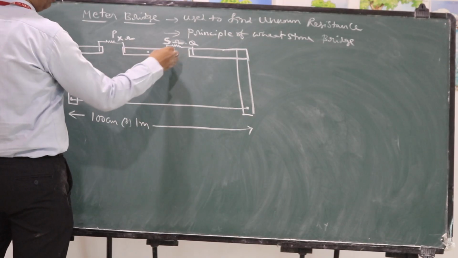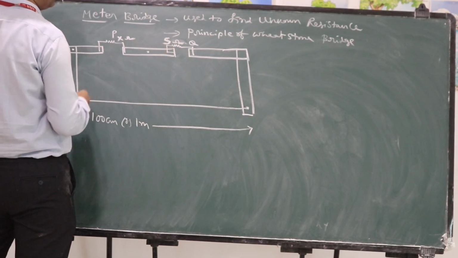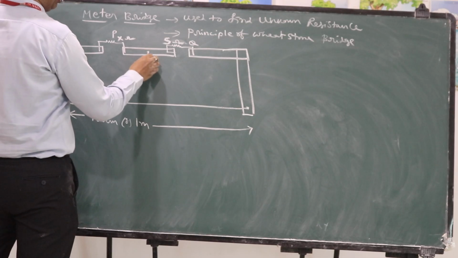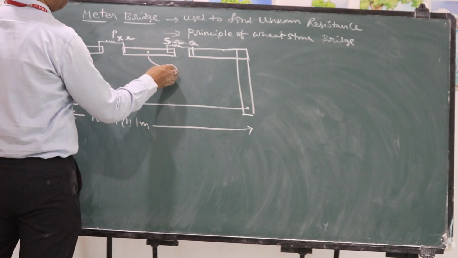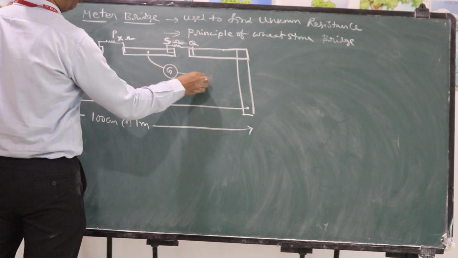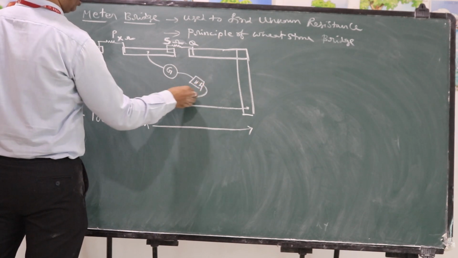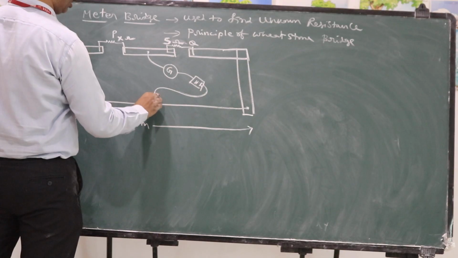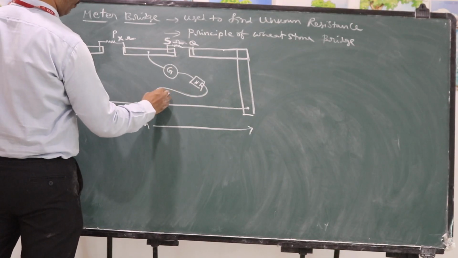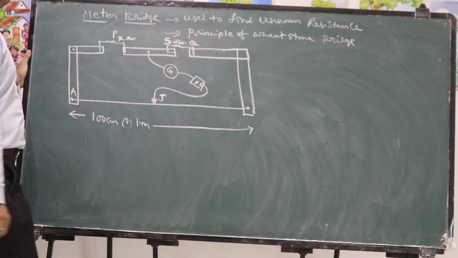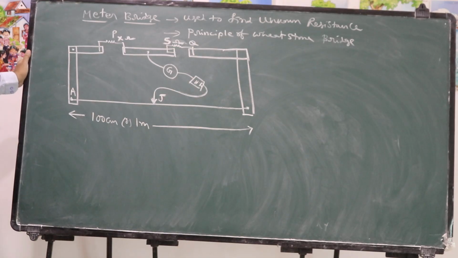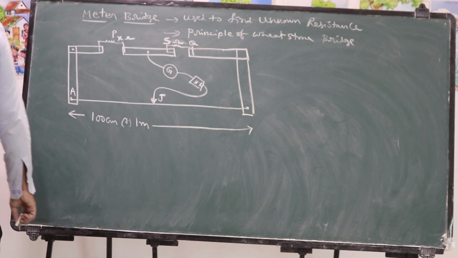From the middle of the middle strip, we will connect one galvanometer. This galvanometer is connected to a high resistance. This high resistance is connected to a small pen-like arrangement called a jockey. So galvanometer, high resistance and jockey are connected like this.